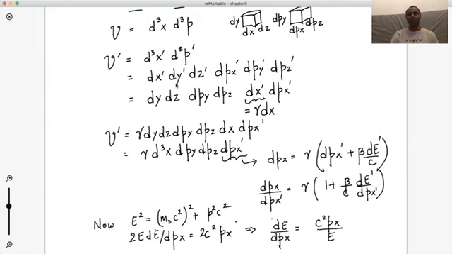And immediately you know that y and z spatial dimensions don't transform if you have a Lorentz boost along the x-axis, right? So dy prime dz prime just become dy dz. And the same thing happens to the momentum. So you can write out the 4 momentum, and only the first 2 components for a pure boost along x are going to transform. The others just remain the same. So 4 out of the 6, we're done with 4 out of the 6. So we only have to worry about 2 of them.